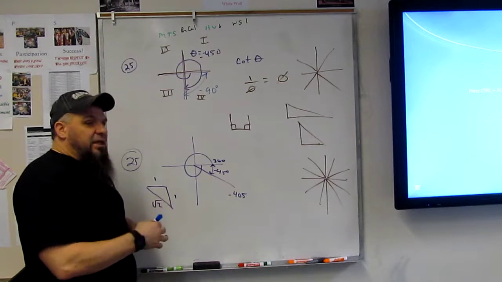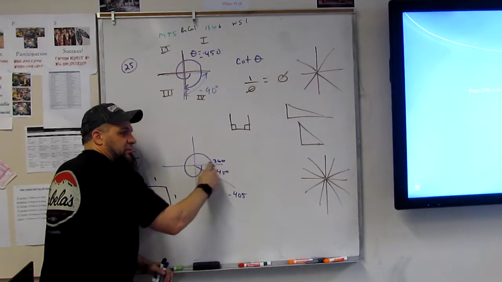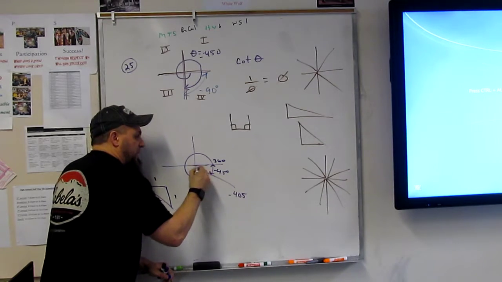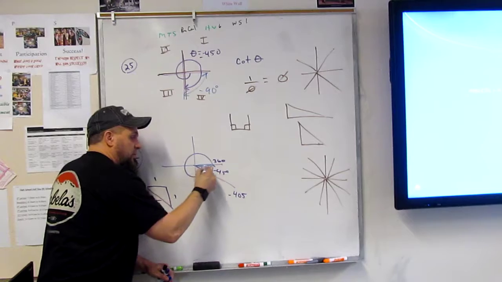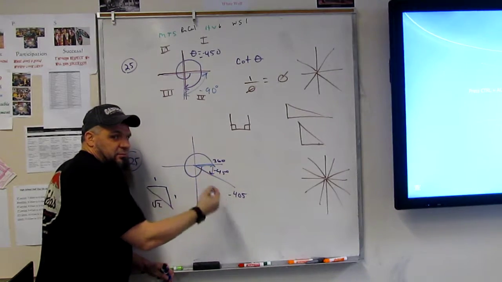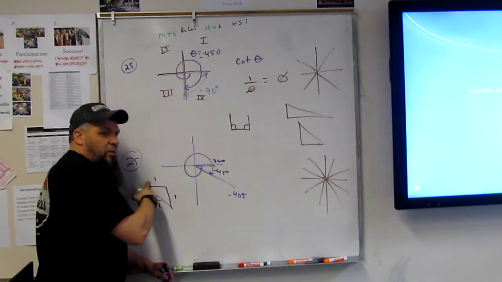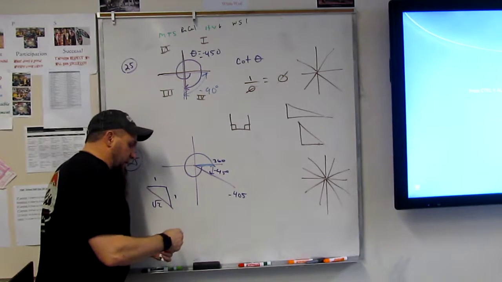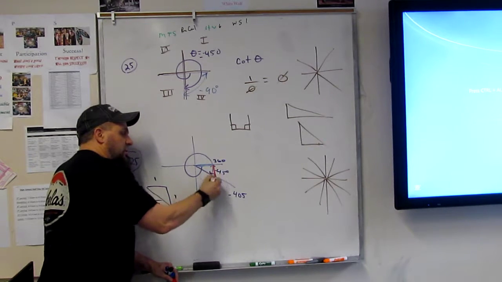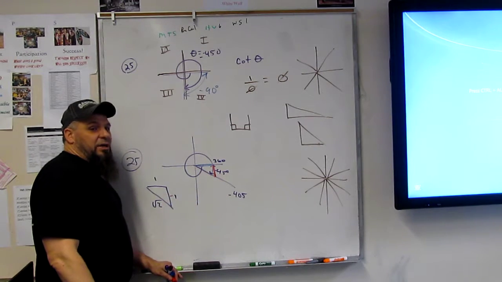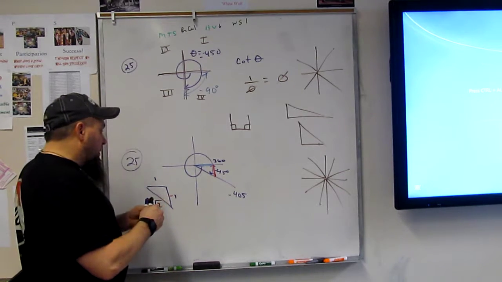But we got to start thinking, is this a positive direction? Right here? Is this a positive direction? Yes. So then the 1 is positive. Okay? Is this a negative direction? Yes. Then this one is negative. We talked about this yesterday. Yes, right? It's always going to be positive.